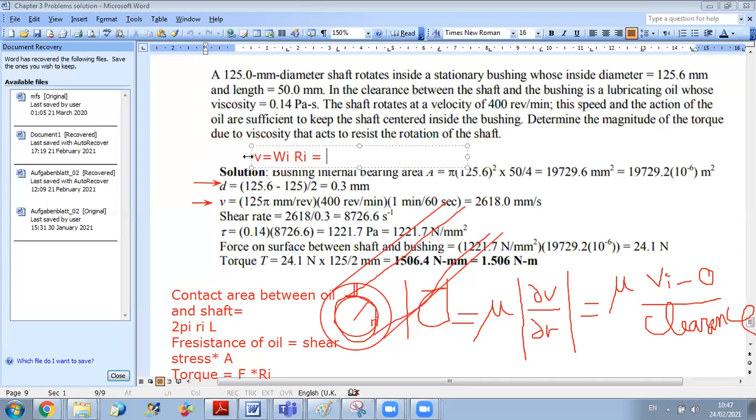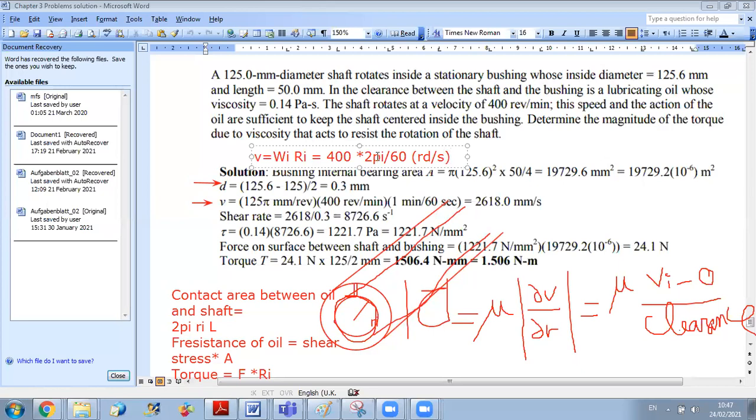To convert it to radians per second, what should I do? One revolution corresponds to 360 degrees, which is 2 pi, so I multiply by 2 pi to convert from revolution to radian. And a minute is 60 seconds, so I divide by 60, then I get my unit in radians per second.